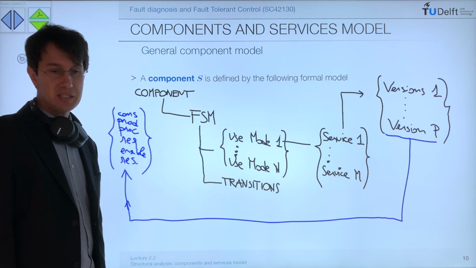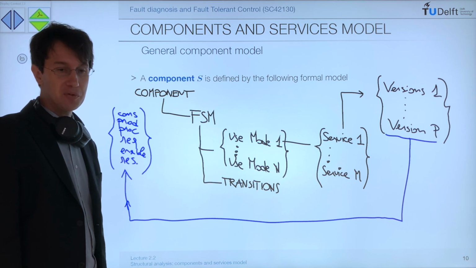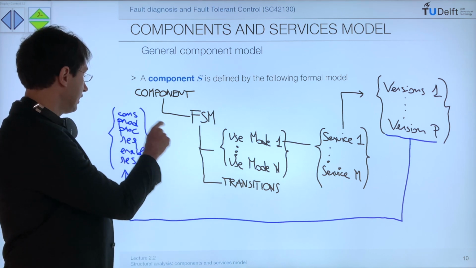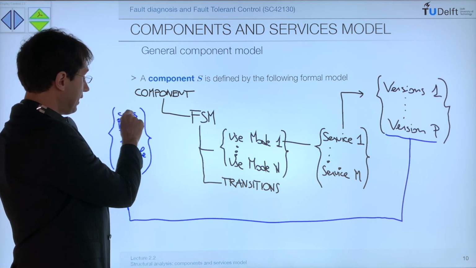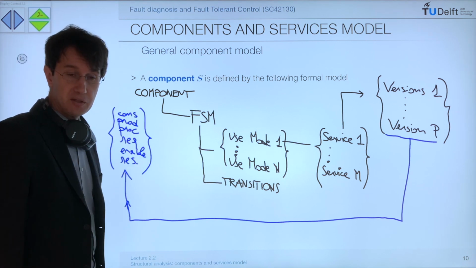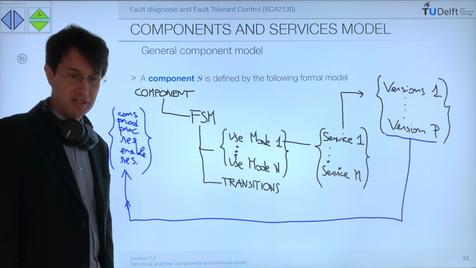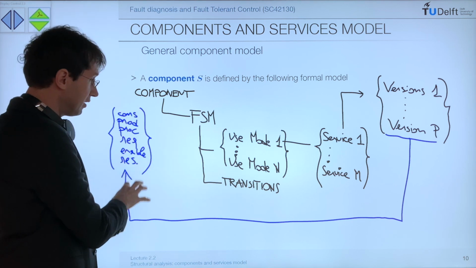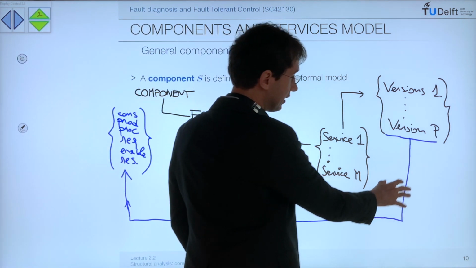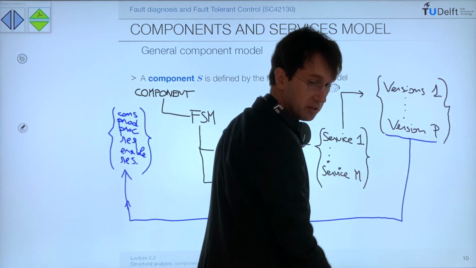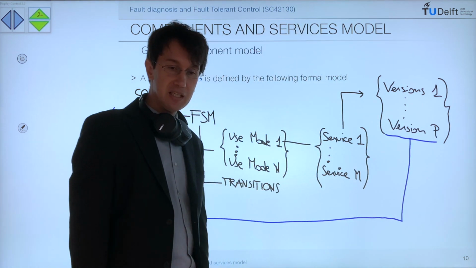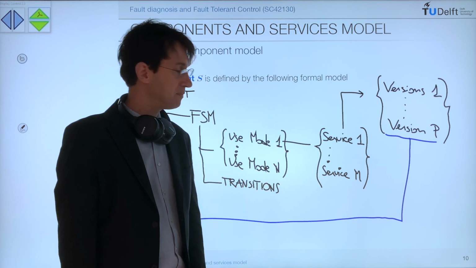So if the cooling system has failed, then no more cooling water is produced. And if there is no cooling water, then the consumed variable that was supposed to be available is no longer available. This means that we go back to here and we say, okay, this version of the service is no longer possible to be provided.